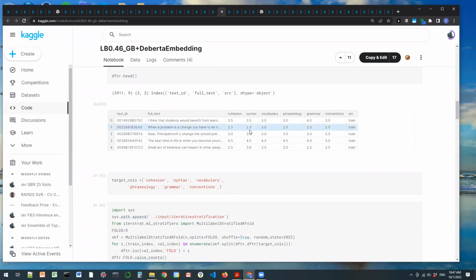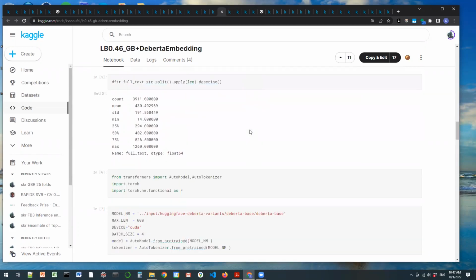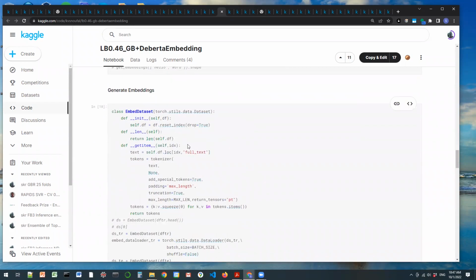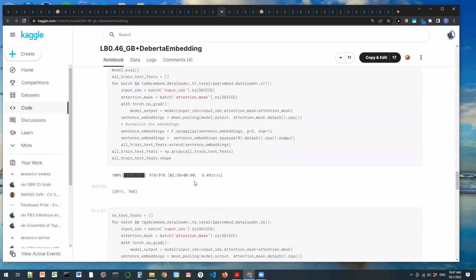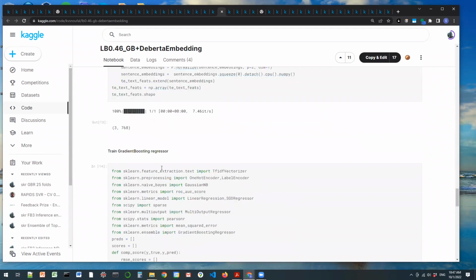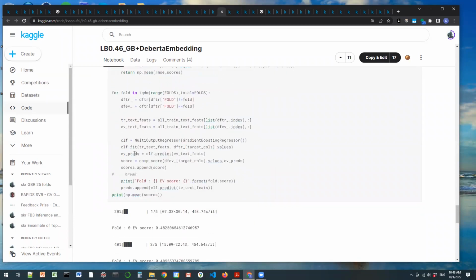Yeah, it is. So let me show you where. A lot of this should look the same or identical. He's training a gradient boosting regressor. He has a whole bunch of stuff here, but eventually he uses a multi-output regressor.